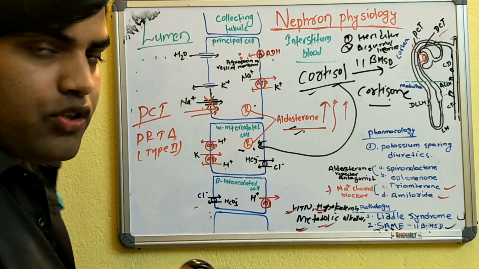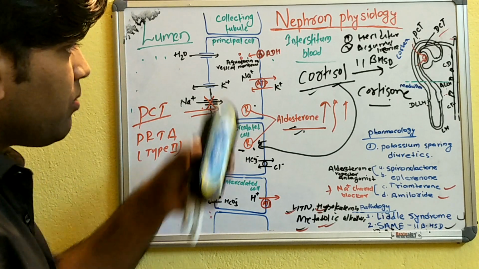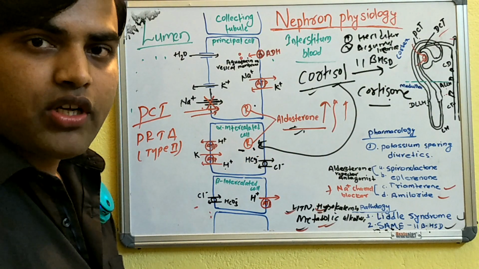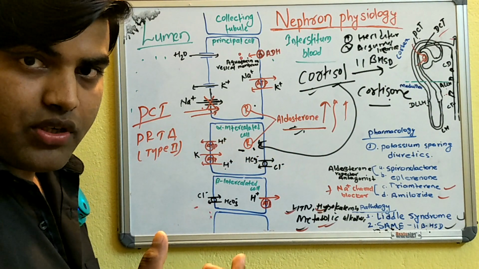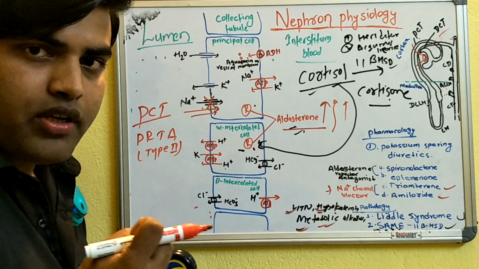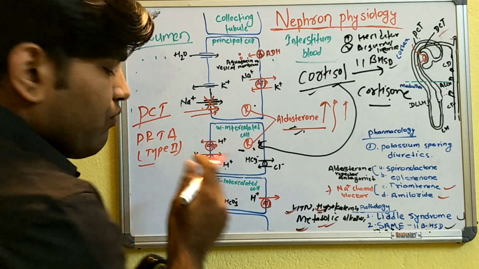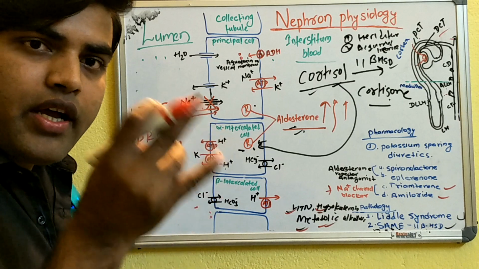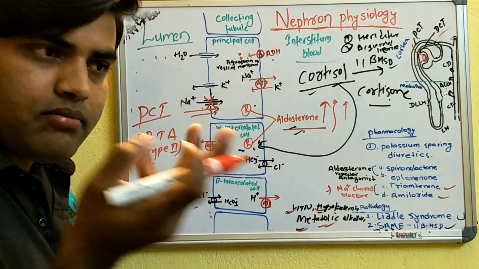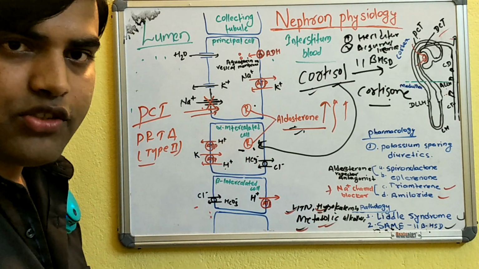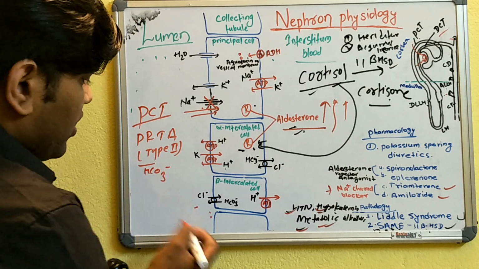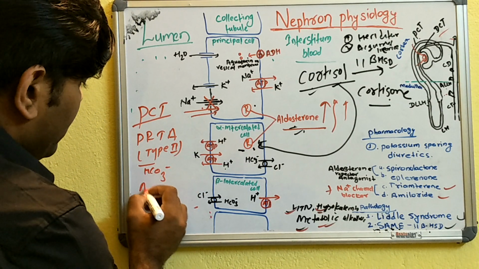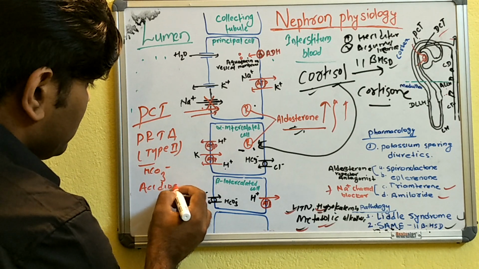What happened here? Due to any reason, bicarbonate, as we have talked about, is absorbed in a major portion in the proximal convoluted tubule. If bicarbonate is not absorbed, then what happens? Due to Fanconi syndrome or due to a carbonic anhydrase inhibitor like acetazolamide, bicarbonate will be lost from your body. Since bicarbonate is lost, there will be metabolic acidosis.